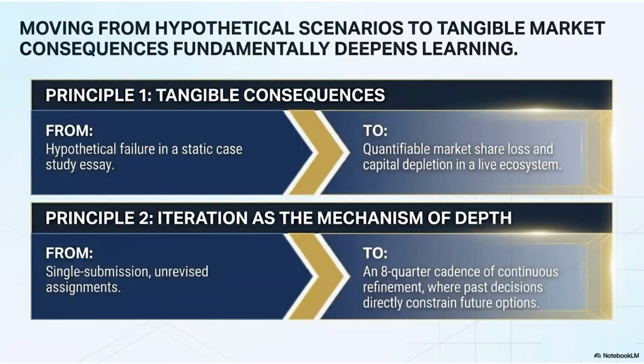Principle 2 is that iteration is the actual mechanism through which strategic thinking deepens. A single high-stakes case study at the end of a term cannot build strategic maturity. We see a clear shift in the quality of students' reasoning as the simulation progresses.